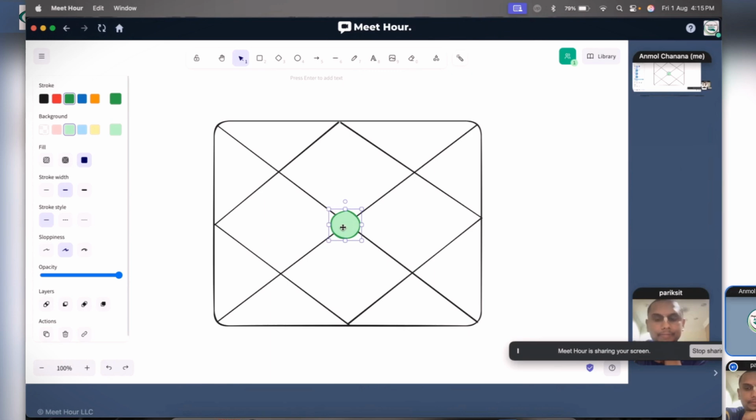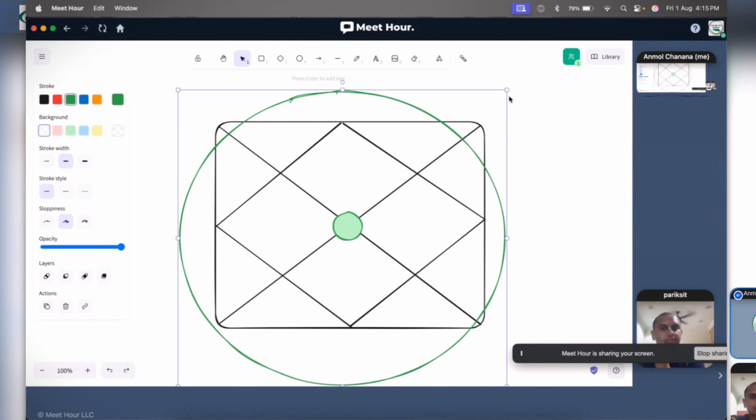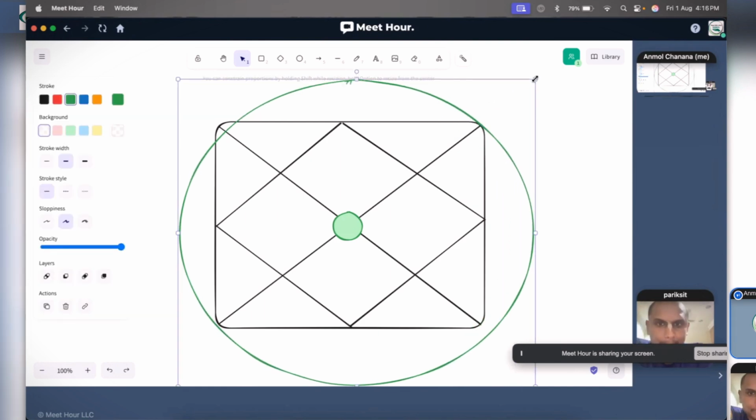You look upward and you see the whole space, and you just take a screenshot of the space. This is your birth chart, nothing else.